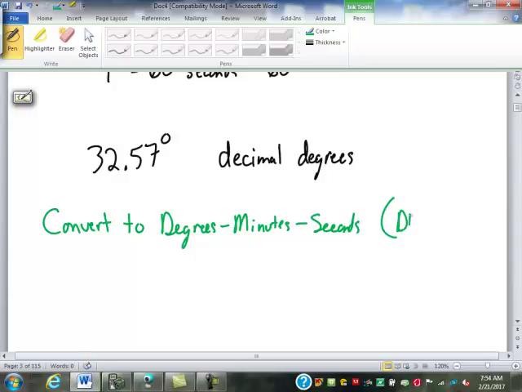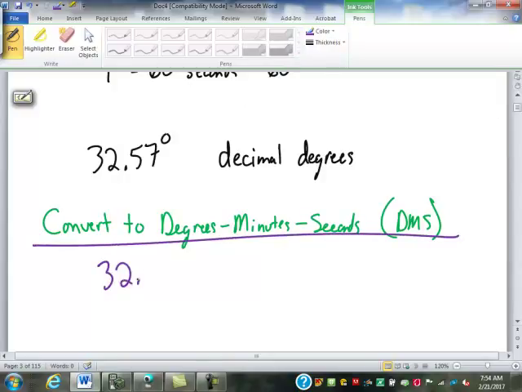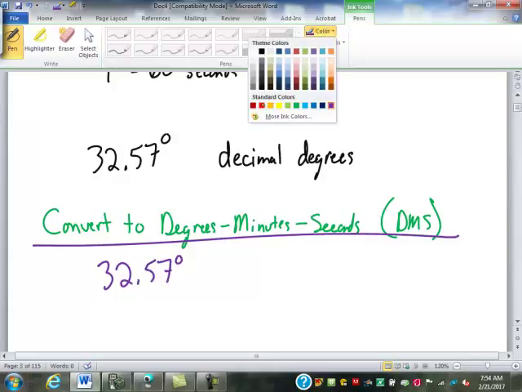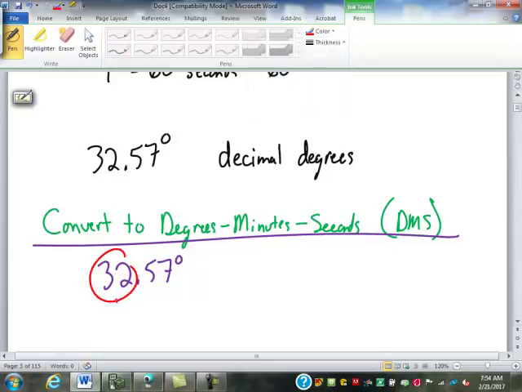What we refer to as DMS notation. So 32.57 degrees. The 32 is degrees. So I'm just going to keep the 32 degrees. Now I have to take the 0.57 and convert it.